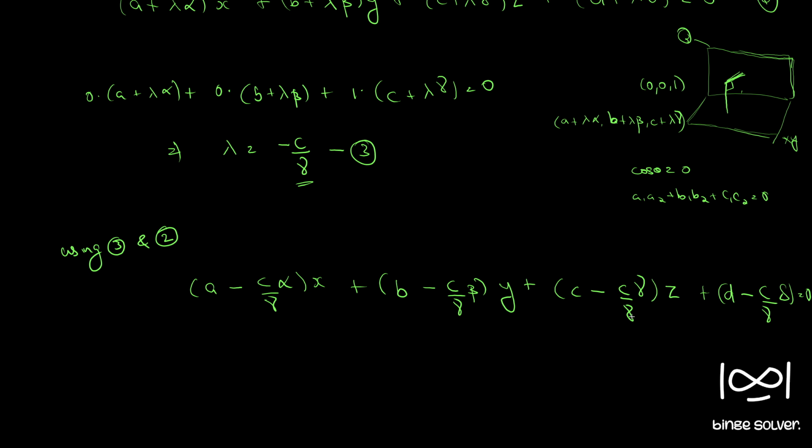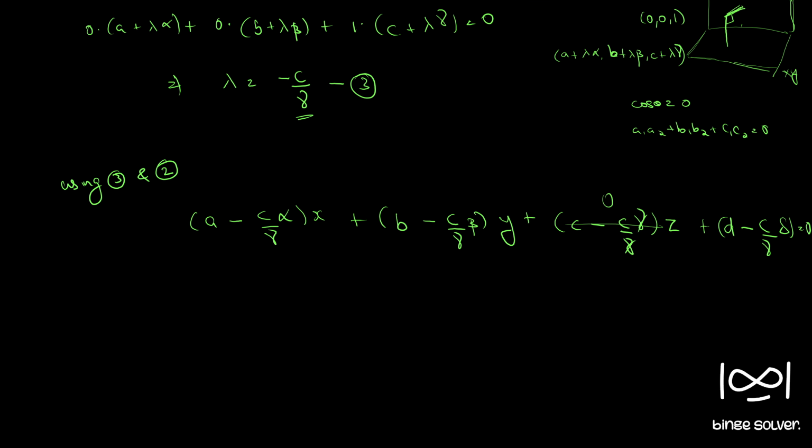So here, as you can see, gamma cancels, and the whole z term goes to 0. Simplifying the rest and multiplying throughout by gamma, we get a gamma minus c alpha, x, and so on.